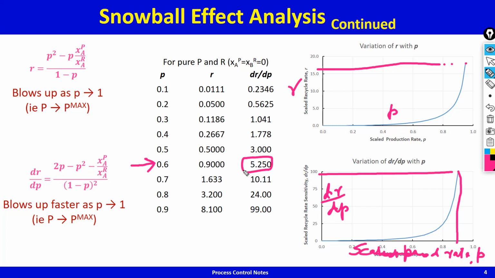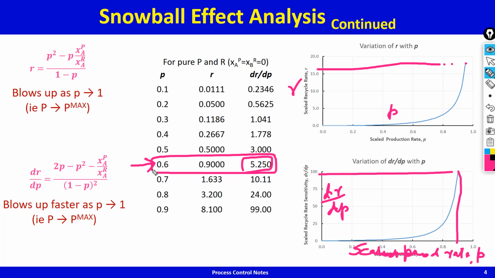What that means is the boil up can be increased 25% before the column floods. Well, in this process, if you want to increase the production by a mere 5%, the column will flood, or will get very close to the flooding limit. And that is the problem with the snowball effect.